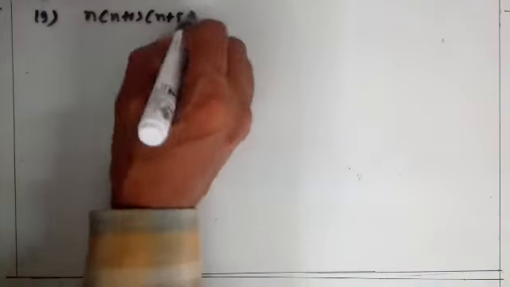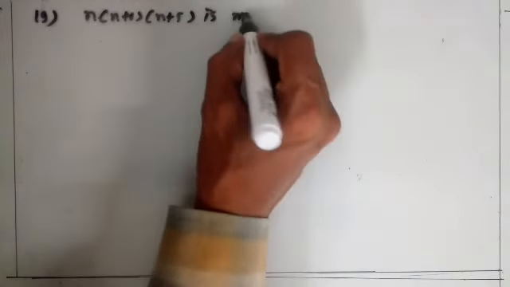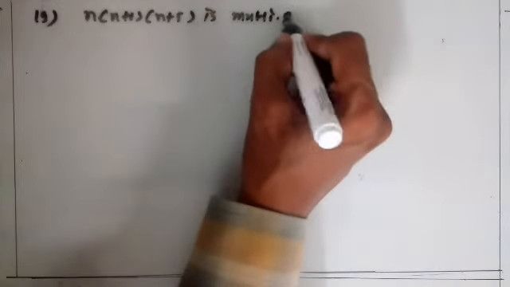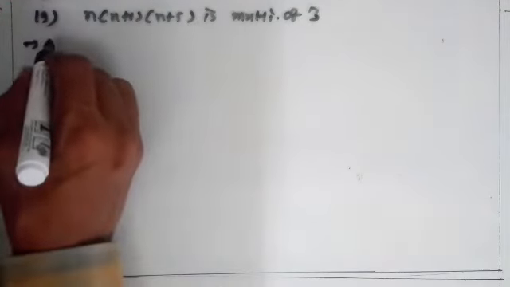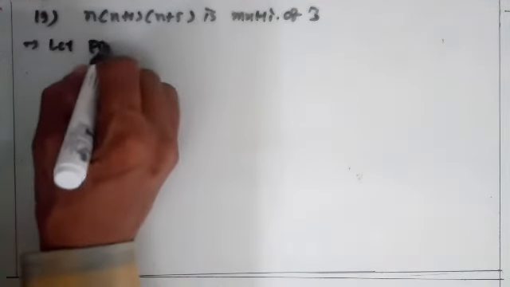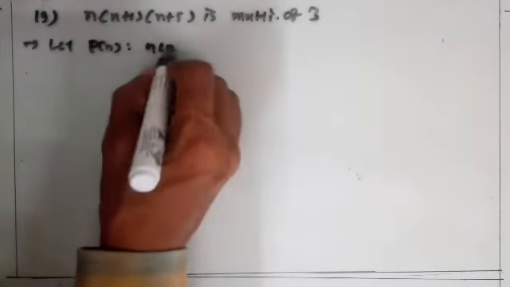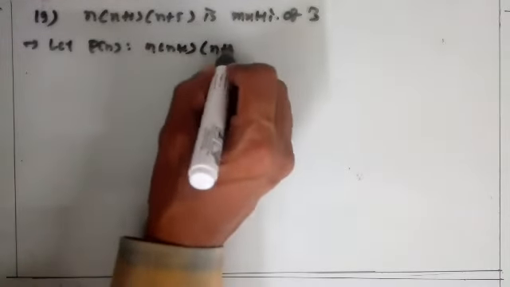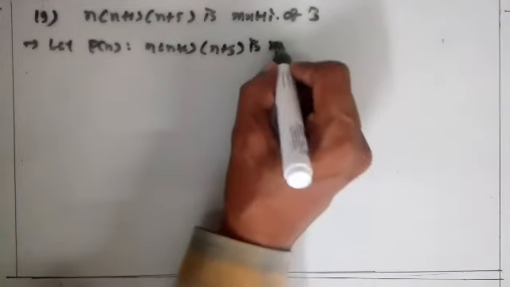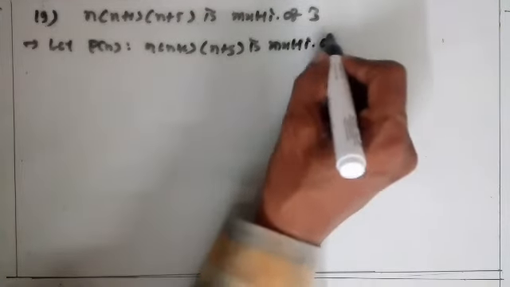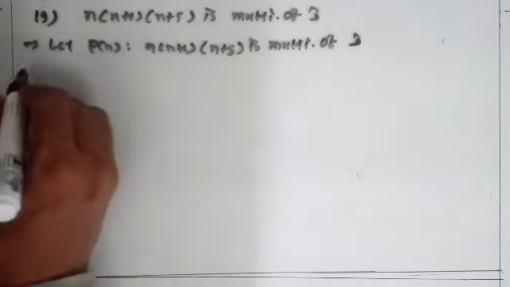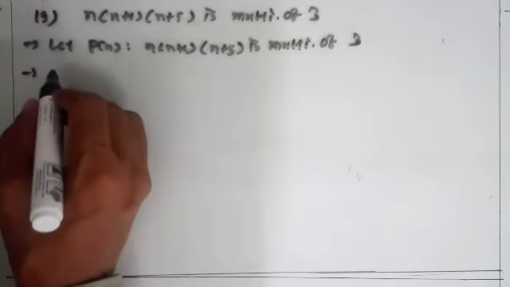Now question number 19. Prove that n into n plus 1 into n plus 5 is a multiple of 3. First, suppose the given statement by Pn. Let Pn be: n into n plus 1 into n plus 5 is a multiple of 3. Now we prove for n is equal to 1.